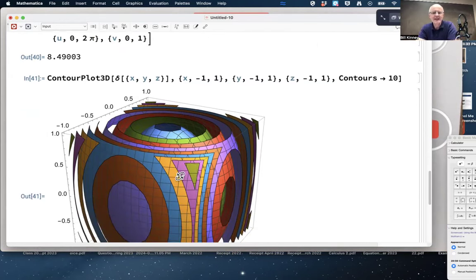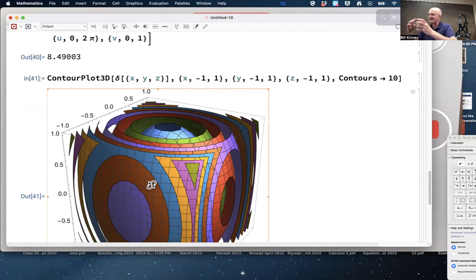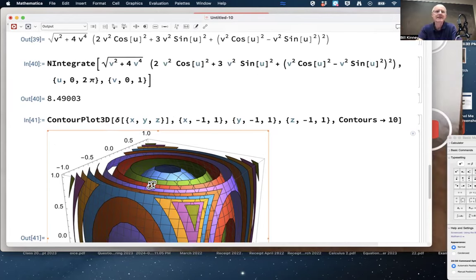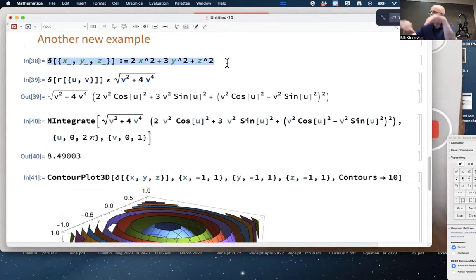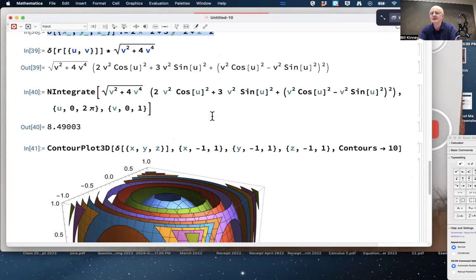The other downside is you can't even move the cursor over this to see approximately what the output of the function is along these things. So while in theory I could try to use these to estimate like the average density of the potato chip over its entire surface area, and then multiply by the surface area to estimate the mass to see if this answer seems reasonable, that seems like a difficult thing to do.